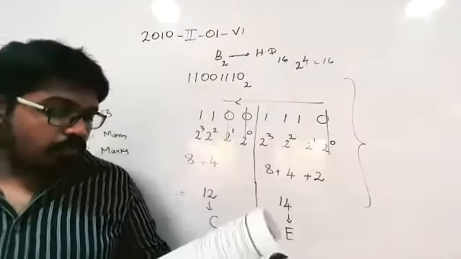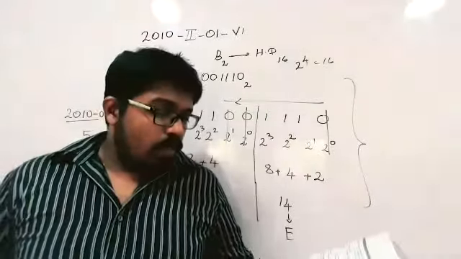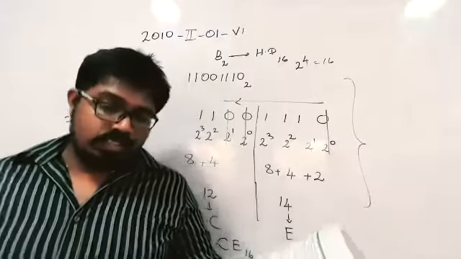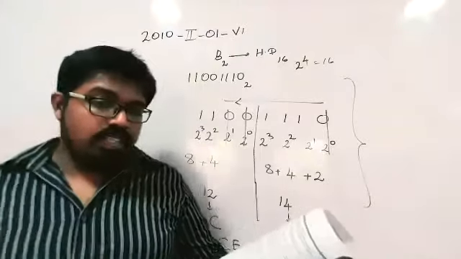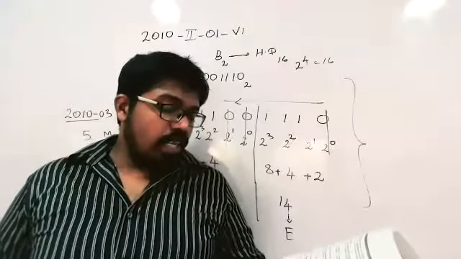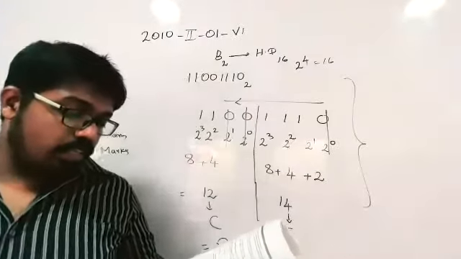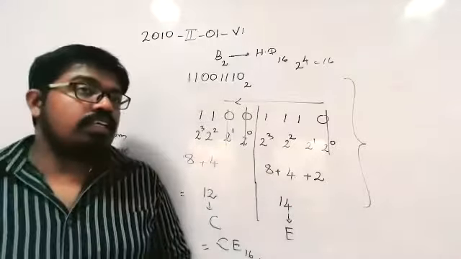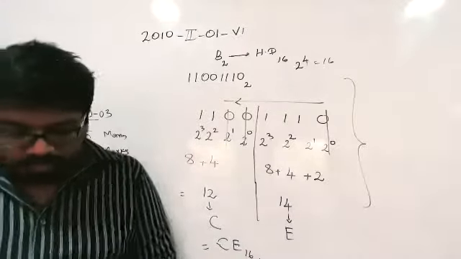Convert the number of bytes in 1 KB into the octal equivalent, right? I'll read it again. Convert the number of bytes in 1 KB into the octal equivalent, right?